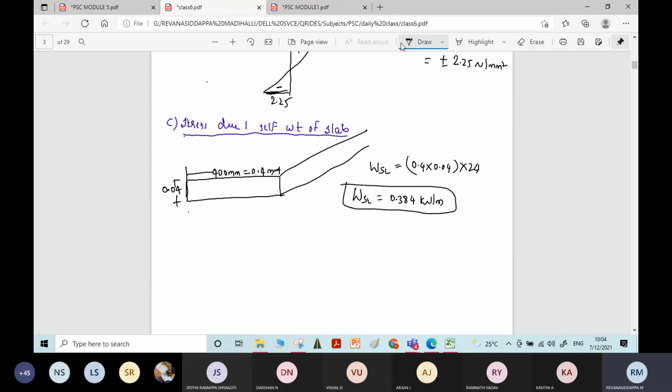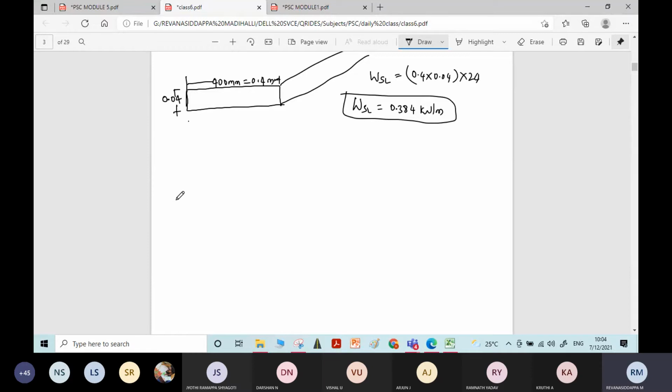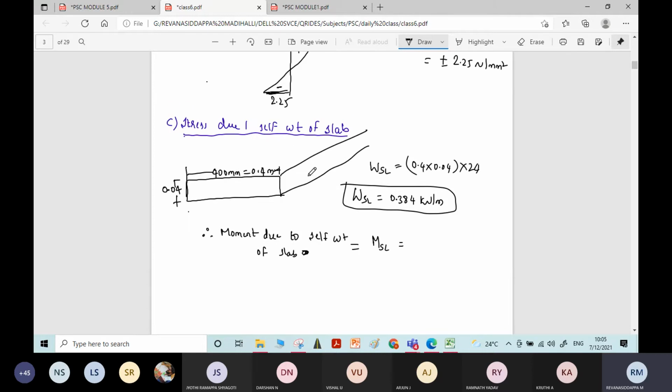Therefore, moment due to self weight of slab, I will call it MSL, moment due to the slab weight, is equal to, the span is 5 meter length.